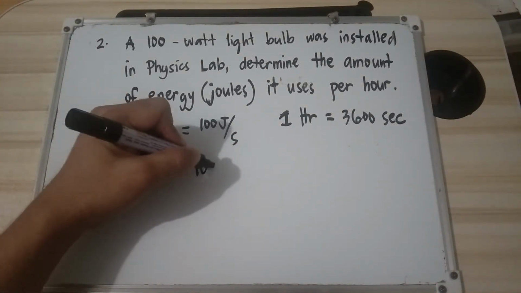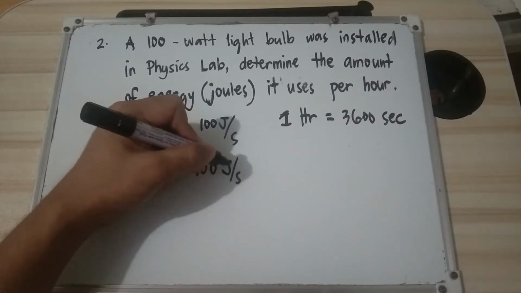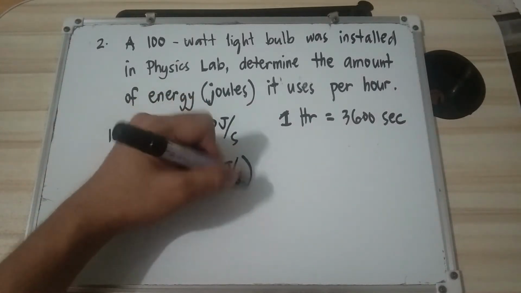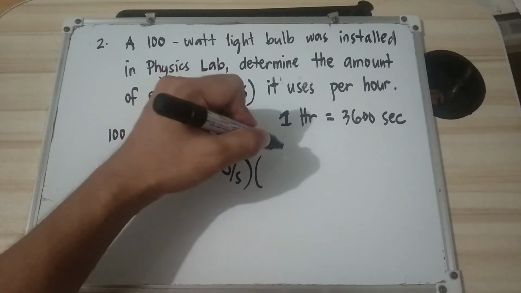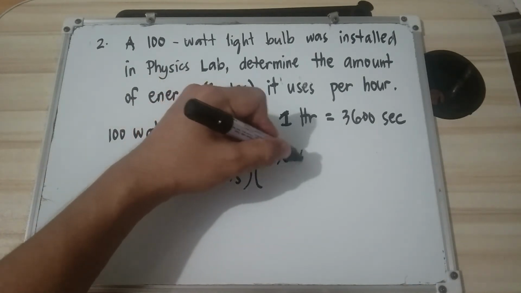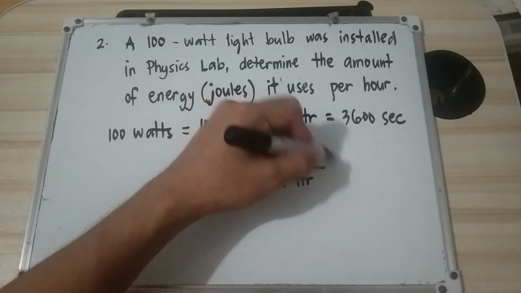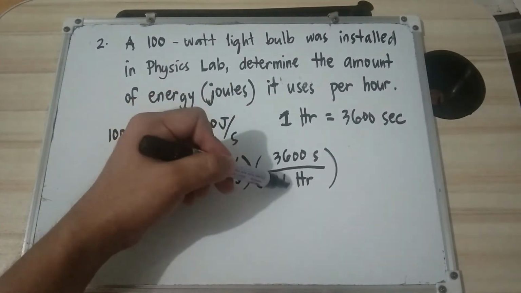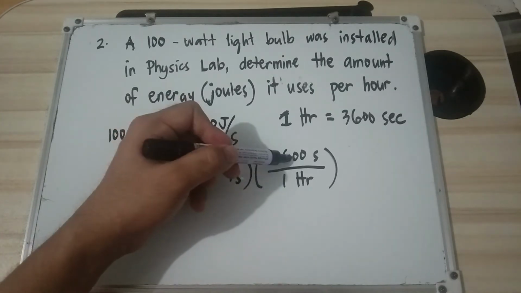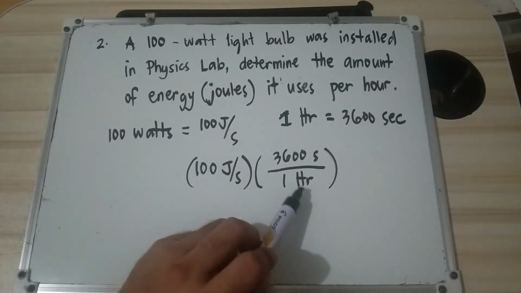So, 100 joules per second times 3,600 seconds over 1 hour. They are the same, so this part is equal to 1.